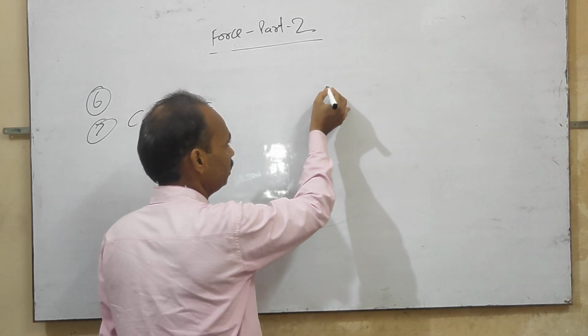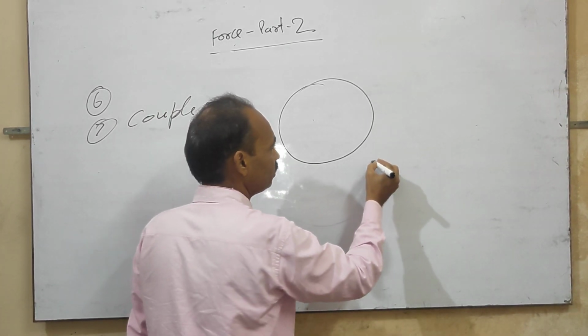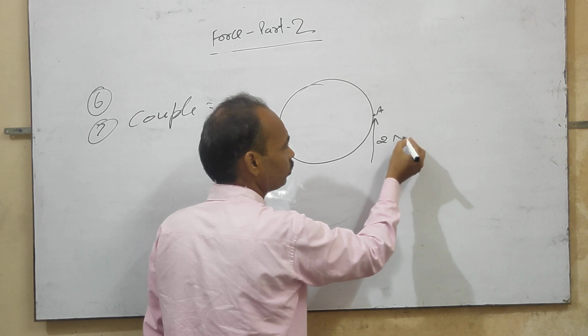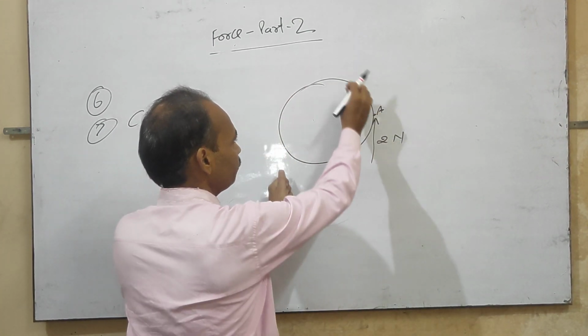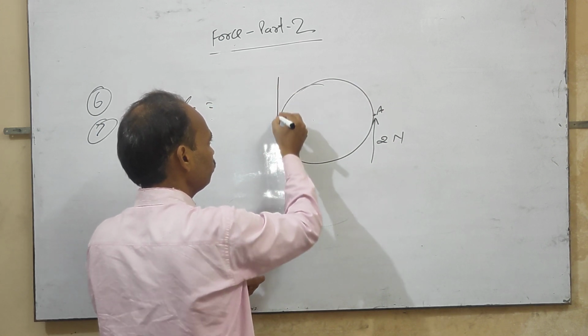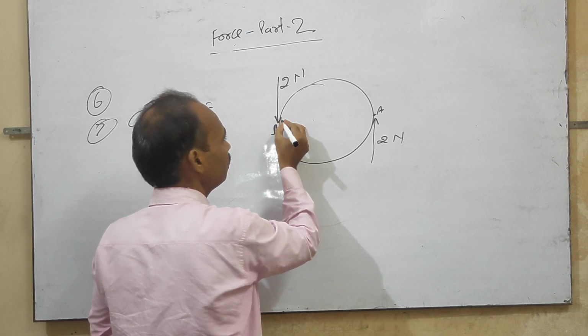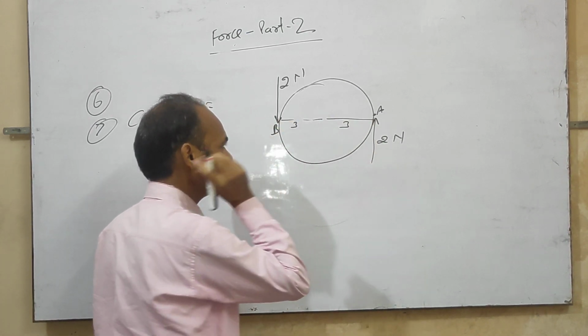Suppose there is the steering wheel of a car and you apply a force of 2 Newton at this point A, and with your second hand you apply 2 Newton also at this point B, with distance 3 and distance 3.